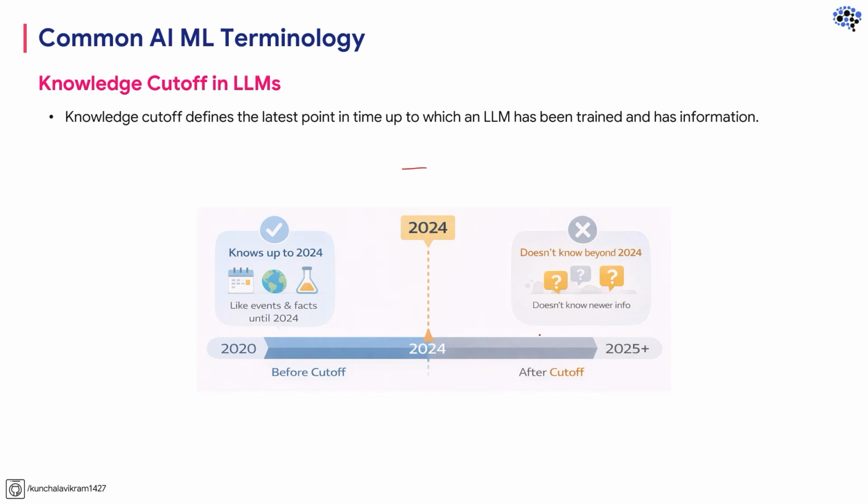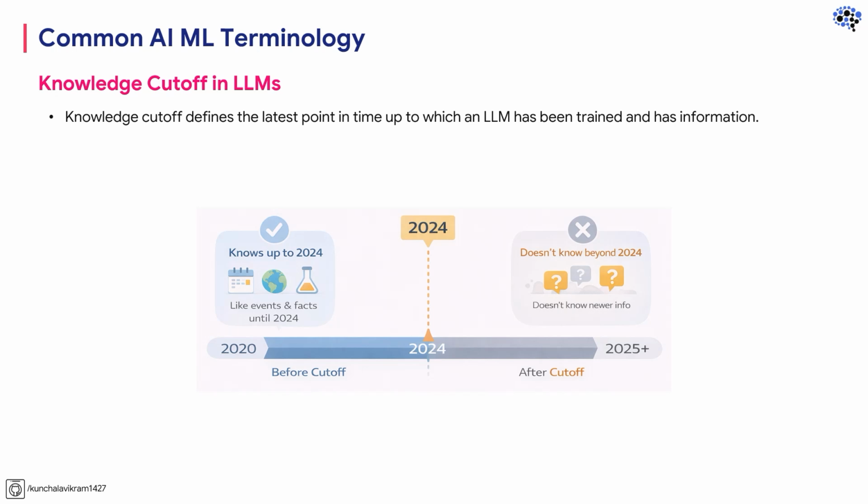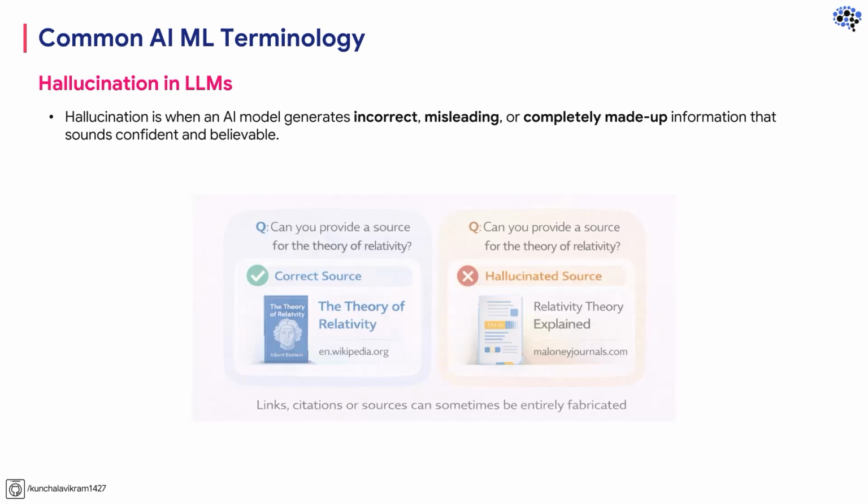Beyond 2024, if you ask it a question based on events that happened in 2025, because the model is not trained on that data, it will not be able to answer, or in some cases it may try to hallucinate. For example, it may generate incorrect responses or responses that seem genuine but are not right. That is called knowledge cutoff. Basically, it is the latest point in time up to which these LLMs have been trained and have information, right?